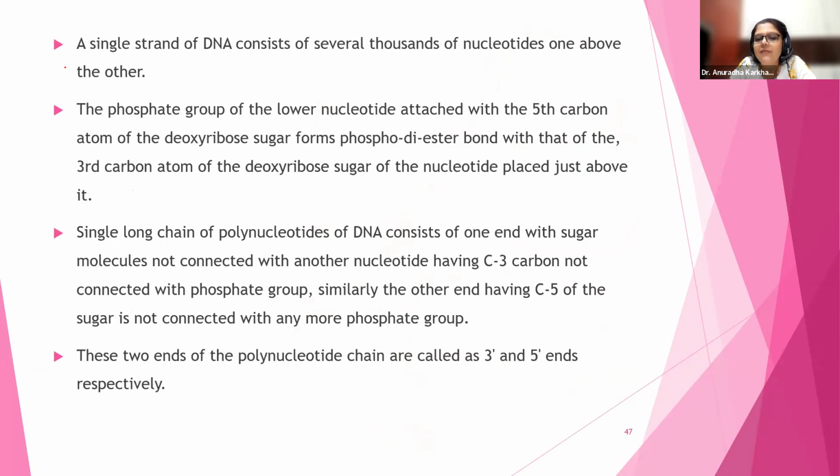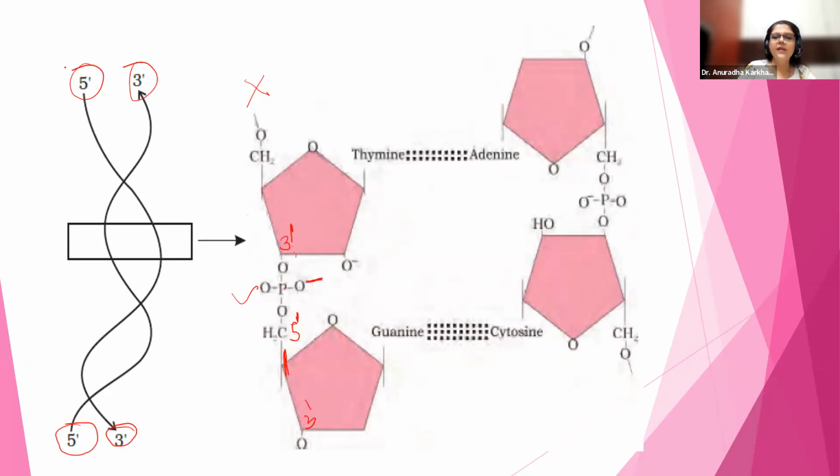Similarly, the other end having C5 of the sugar is not connected with any more phosphate groups. So even here you can see the chain. This is 5 prime, this is 3 prime. Here if you see, this is 5 prime, this is 3 prime. Why do we call it 3 prime? Look at this. This is the first carbon, second carbon, third carbon, fourth carbon and the fifth carbon.